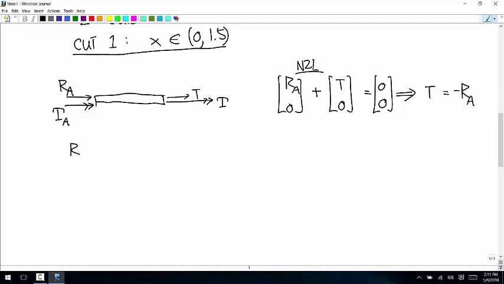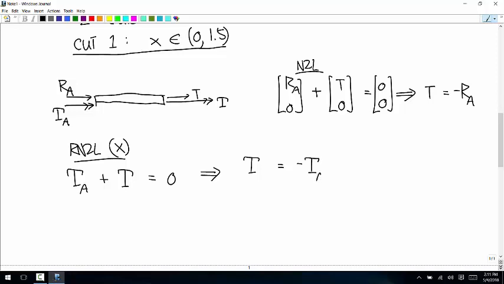And then the moment equation about the x-axis: torque A plus internal torque is equal to 0, so the internal torque is equal to negative torque A.